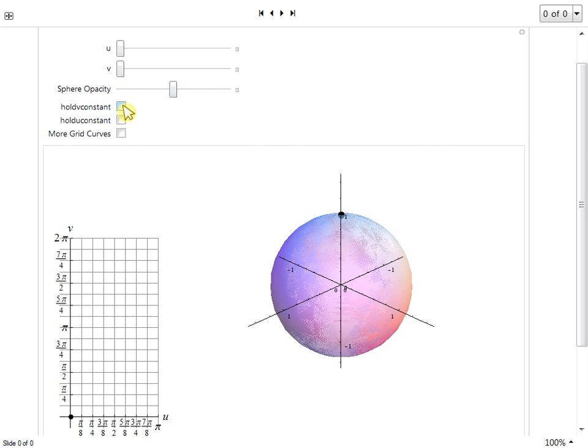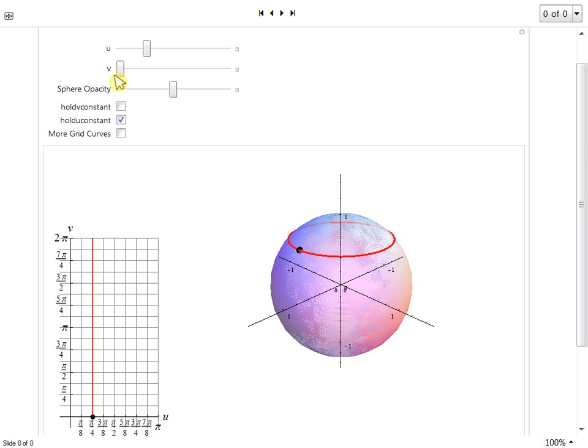Now I will hold my v constant. Here's v, so I'm going to hold it at 0. And I'm going to let my u change. If I let my u change, see it draws that green curve. That's called a grid curve. Now if I instead hold my u constant, now my u is not going to move left and right.